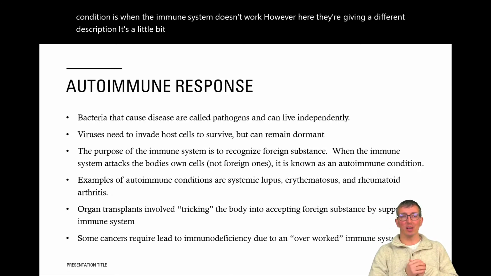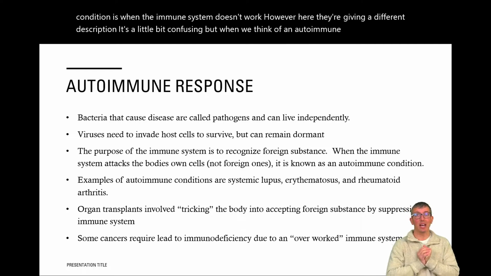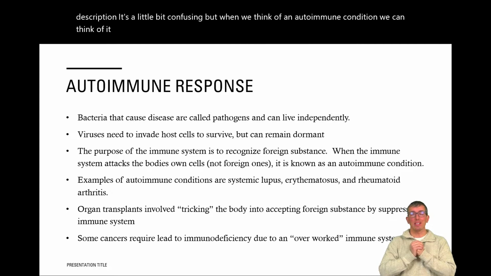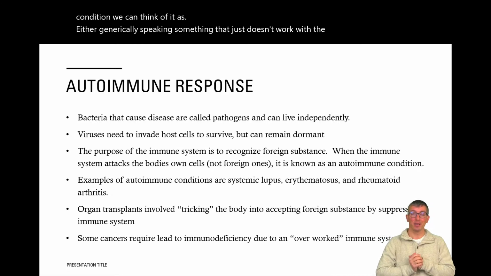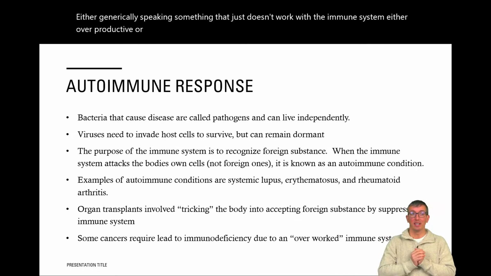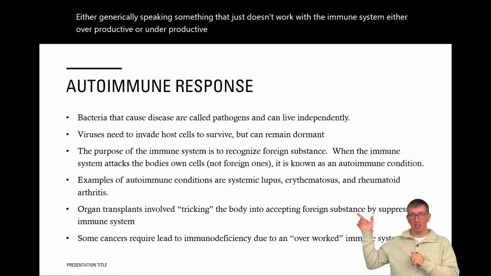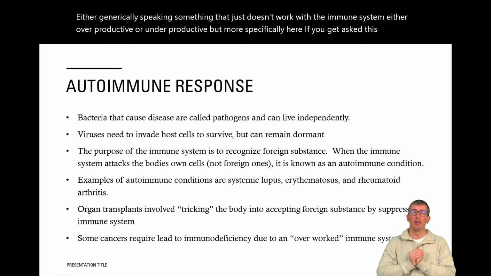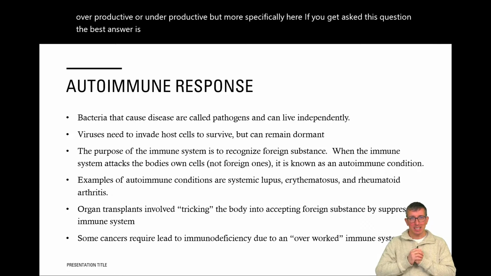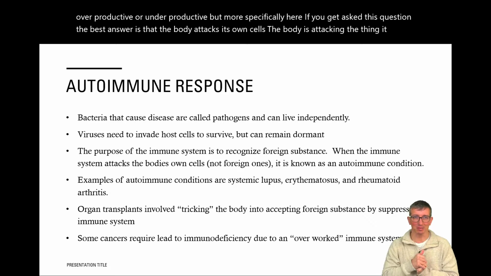But generically speaking, we can think of it as something that just doesn't work with the immune system, either overproductive or underproductive. More specifically, if you get asked this question, the best answer is that the body attacks its own cells. The body is attacking the thing it shouldn't be attacking in the first place.